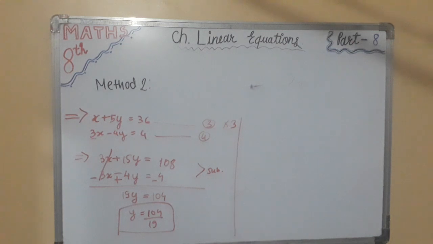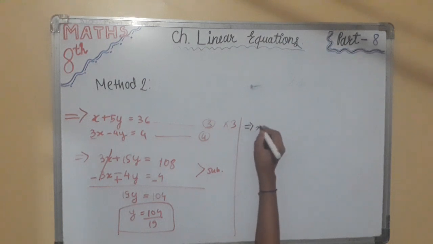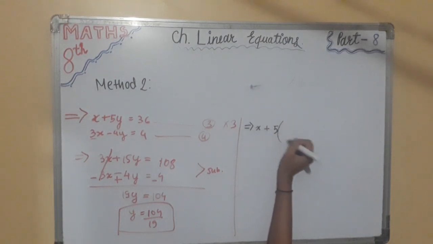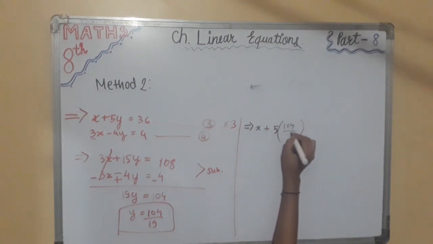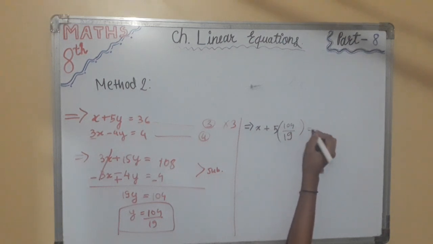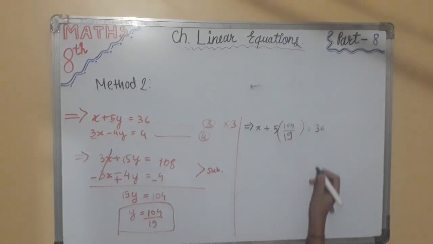In the next equation, we'll substitute the value of y. x plus 5 into (104 by 19) is equal to 36.